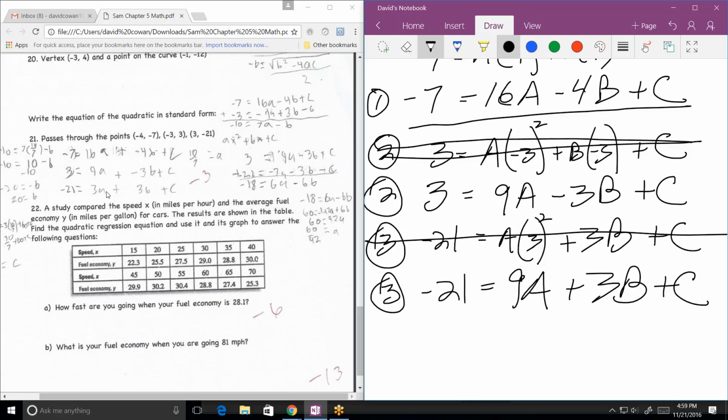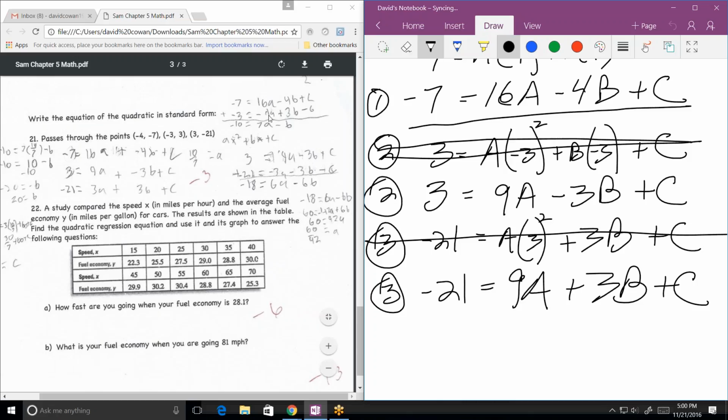Relatively straightforward when you have a plus C in all of them, because you can eliminate a variable. Right. So what you did, it looks like, what's this?